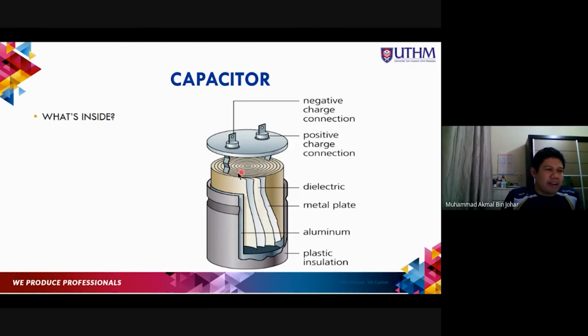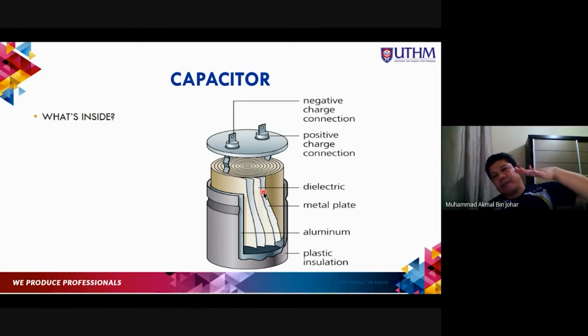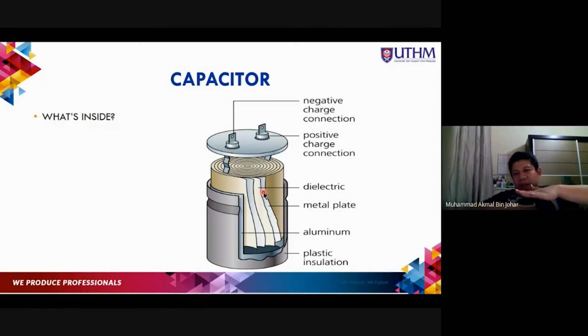So most capacitors are in this form, or the radial form, because they would like to achieve a bigger area. Basically, a capacitor is built from two conductive or metal plates separated by a dielectric material, like air, which is also a dielectric material.